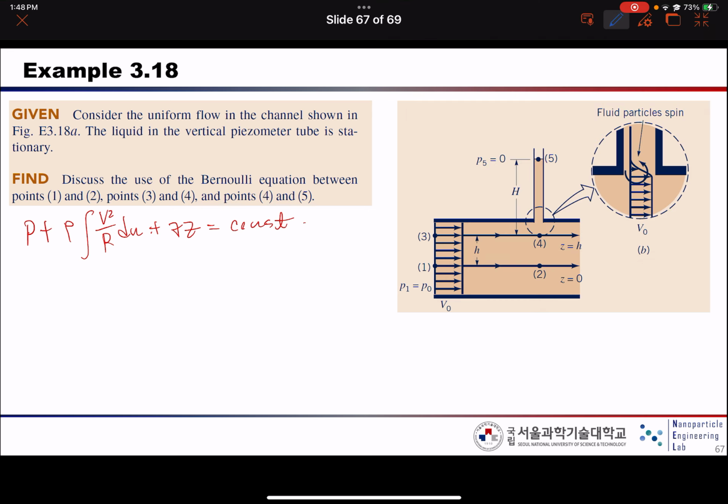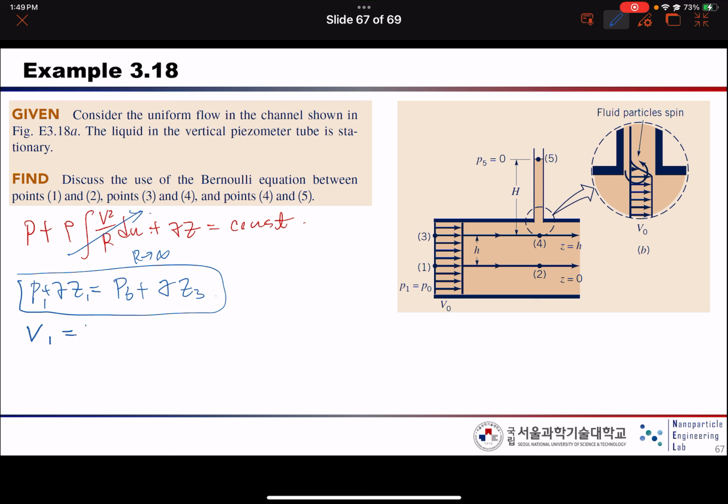So here R is infinity because this is a straight line. So p plus gamma z should be constant between p1, z1 and p3, gamma z3, right? So we know this result, and also here the flow is uniform, so we also know P1 equals P3.